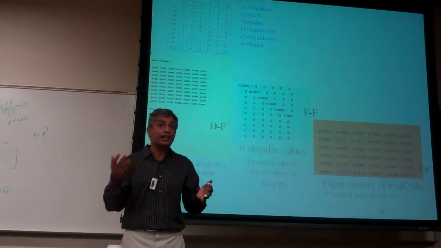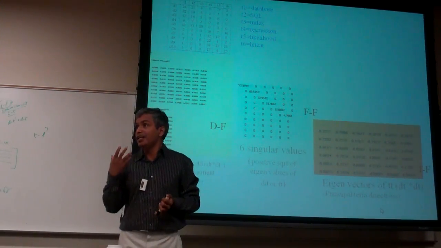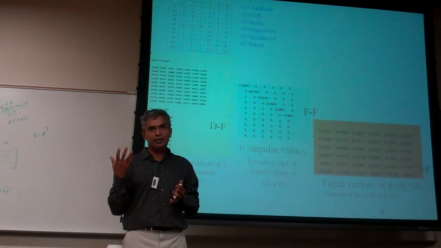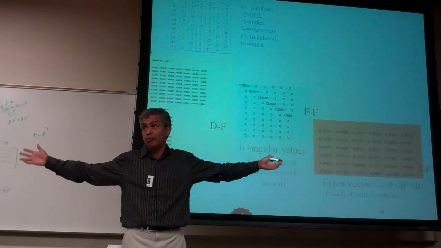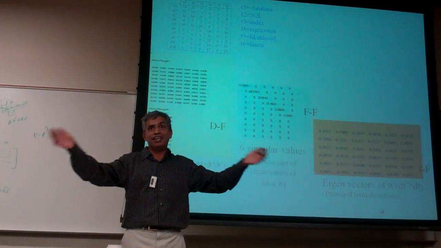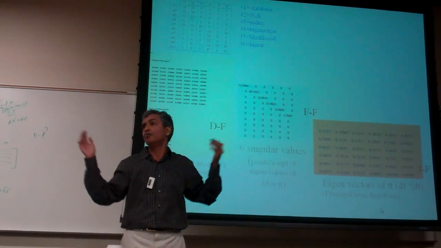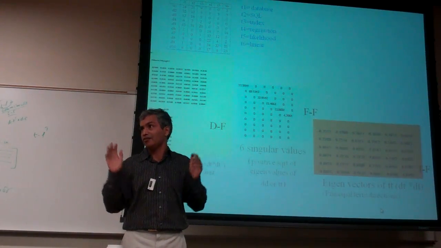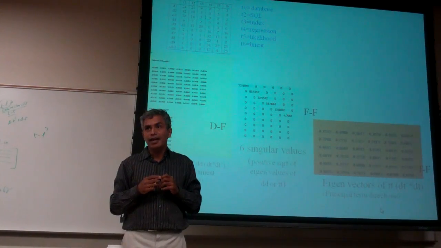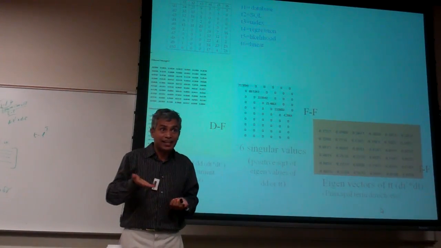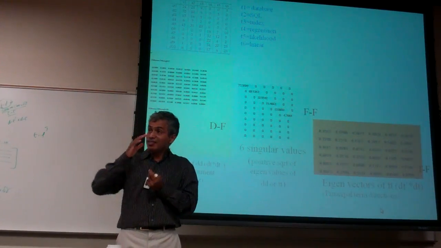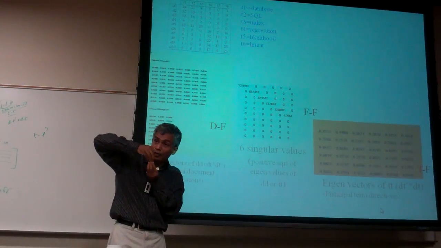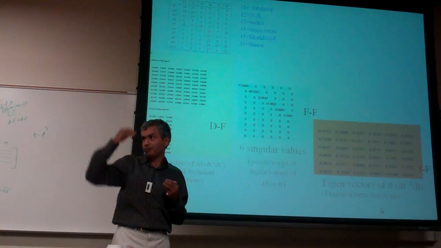But maybe color of the skin would be a very good indicator. Color of the skin is not actually the one that puts people in the most variance. In fact, I see only a few shades of gray here in front of me. And yet, if I'm trying to differentiate between Caucasians and non-Caucasians, the most important dimension to me would be the dimension across which the variance for those two clusters is the maximum.